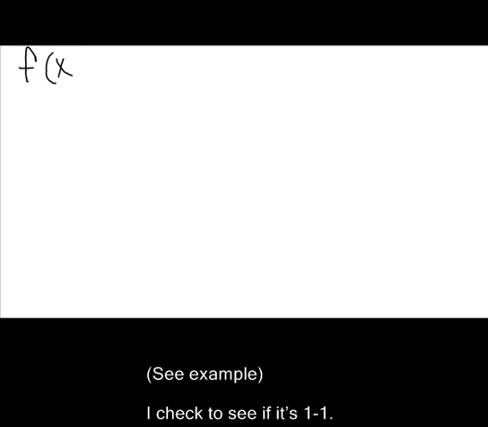Here's another example. Let's say we had f of x equals x cubed. Now when I put this one in my calculator and I graph it, I can see that it's one-to-one. So I'm going to switch the x and y. Remember, f of x is y, so I'm going to make it an x. Then I'm going to work on getting y by itself.